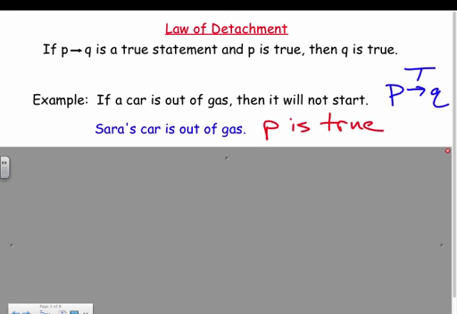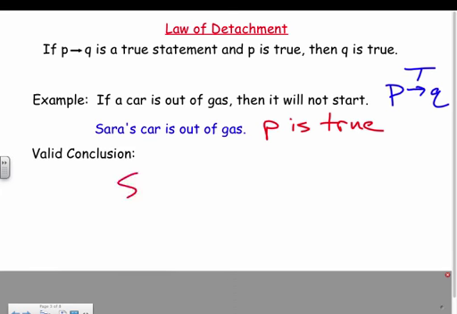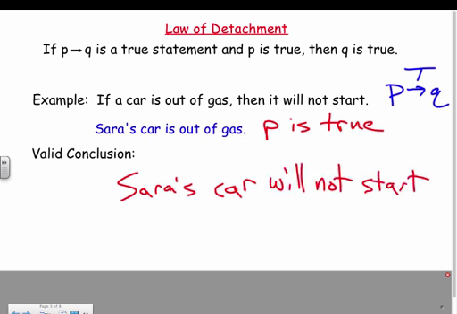I can conclude that Sarah's car will not start. Right? So Q has to be true. So if P implies Q is true, and P happens, Sarah's car is out of gas, then we know that Q has to happen, so Sarah's car will not start. So that's the law of detachment.